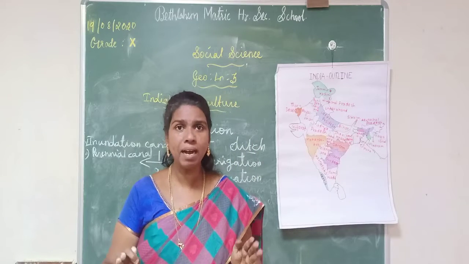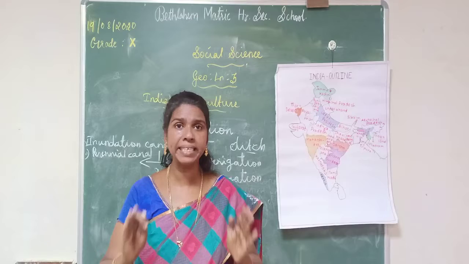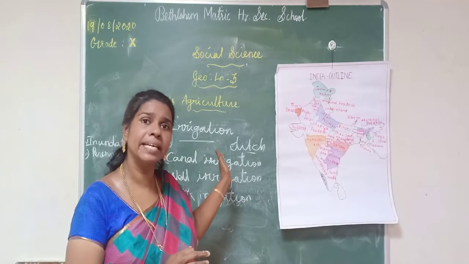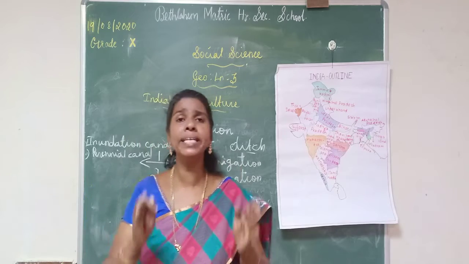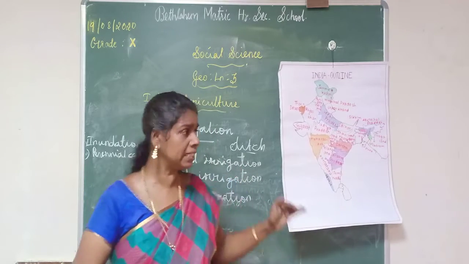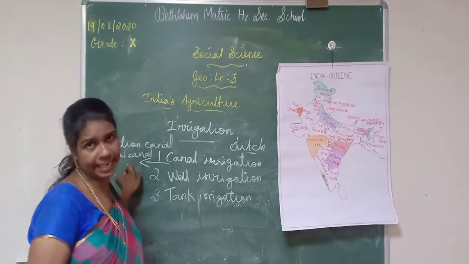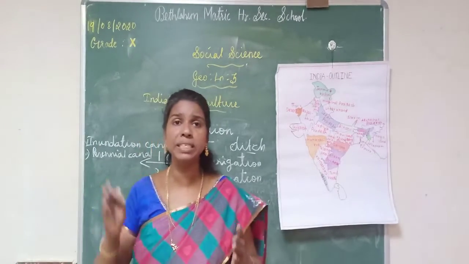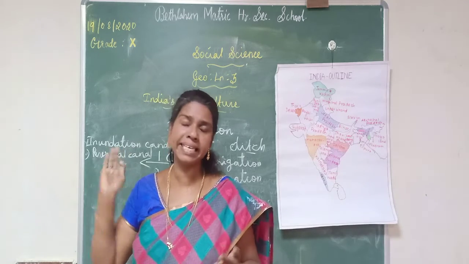In India, most of the canals practiced are of this type. 15.8 million hectares of land are irrigated by perennial canals.